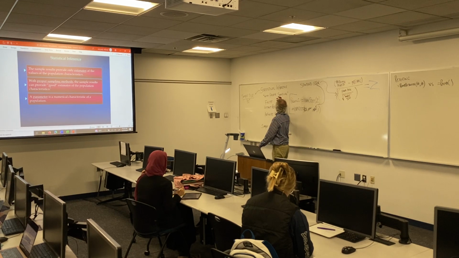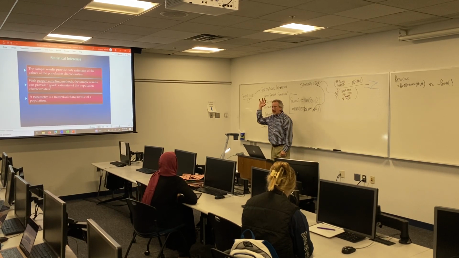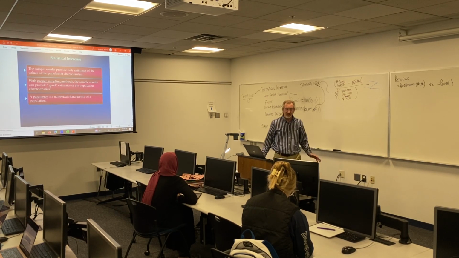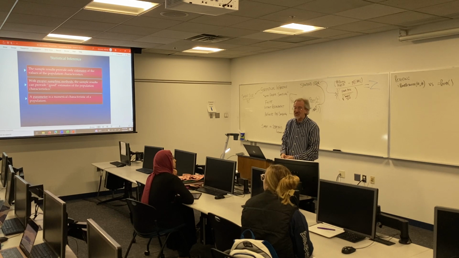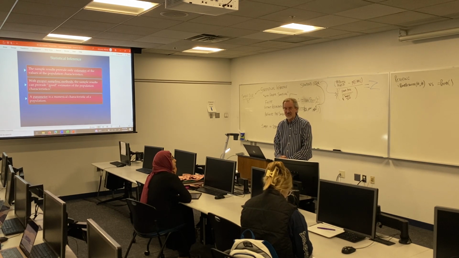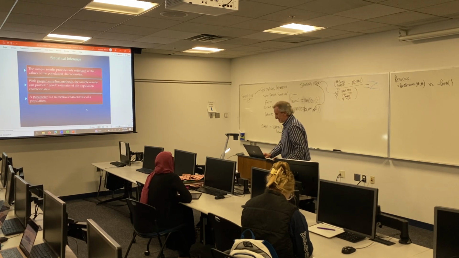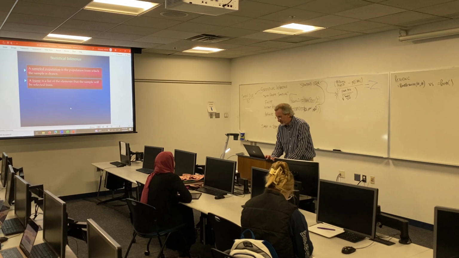With proper sampling methods, that is the whole key of how statistics works and why it works. We live in a world of randomness, and statistics only works because we live in this world of randomness. And it works every time.